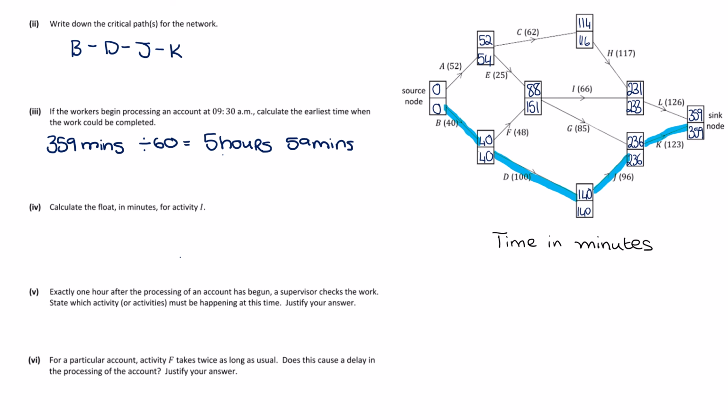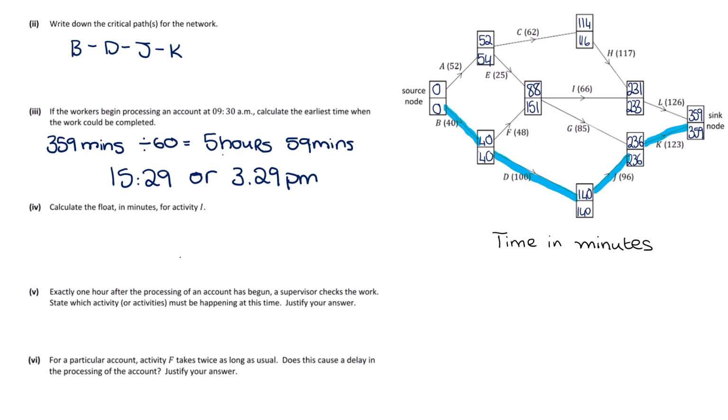We start at 9:30 a.m. So we're going to add 5 hours and 59 minutes to 9:30, which, if it helps, is just going to be a little under 6 hours. And that gets us to 15:29 if you want to do it that way, or 3:29 p.m. Both absolutely fine.